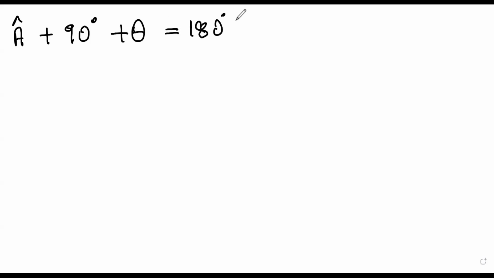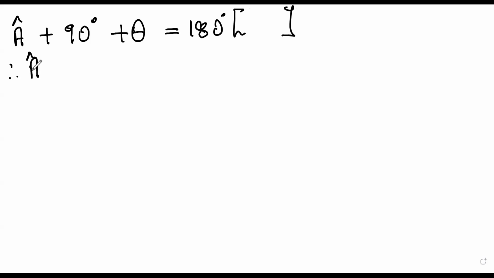So I'm going to go to the big triangle, which is ABC, and I'm going to find the size of angle A. So I say, if I take angle A, I add it to the right angle, which is angle B. I also add it to angle C, which we know is theta. Then the answer is going to be 180, the sum of interior angles of a triangle.